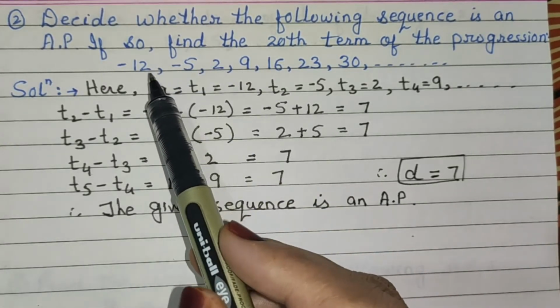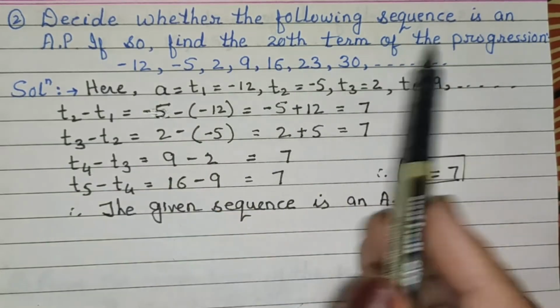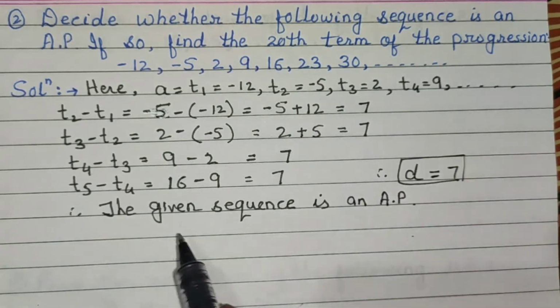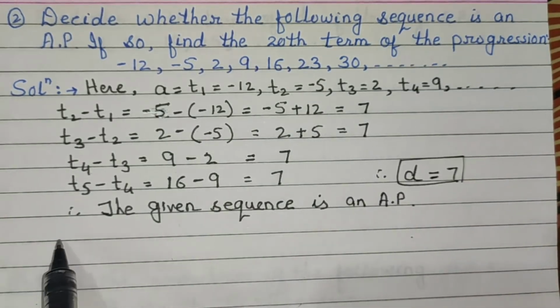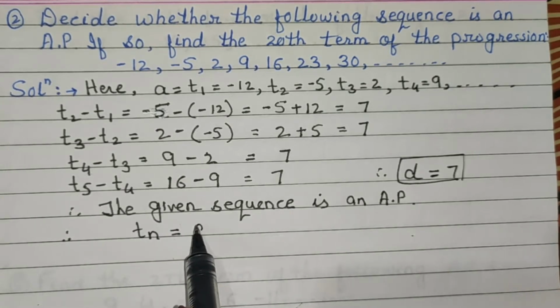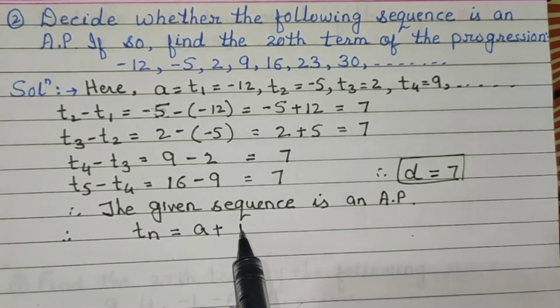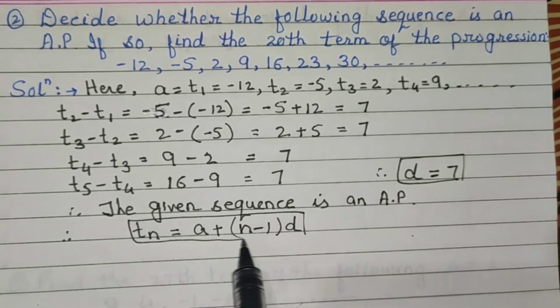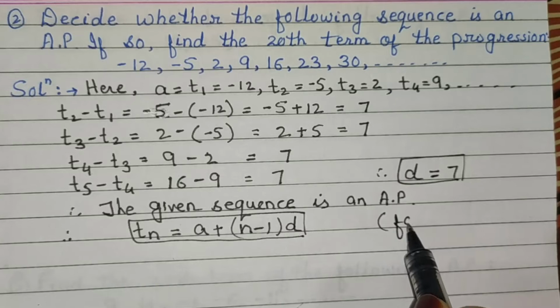Now, read the question. If so, find the 20th term of the progression. Therefore, by using formula Tn is equal to a plus (n minus 1) into d. It is the formula.